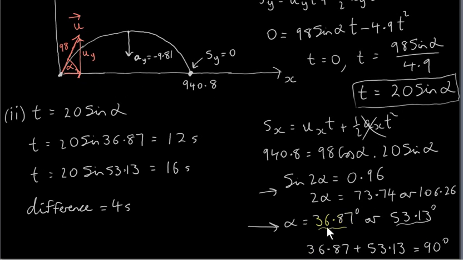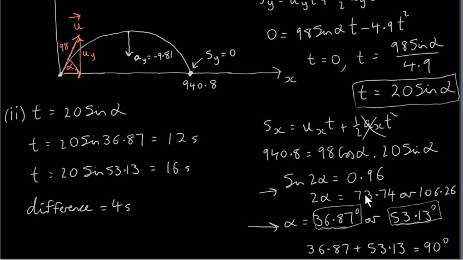As an aside, note that these two angles add up to 90 degrees, and that kind of makes sense because to get this second angle we multiplied this by 2. We could multiply this by 2 to get 73.74, then we subtracted from 180 to get 106.26, then we divided by 2 to get back to this.